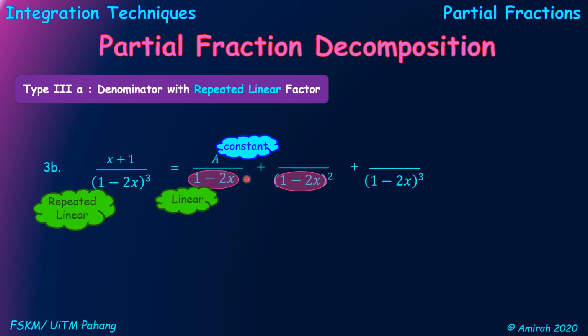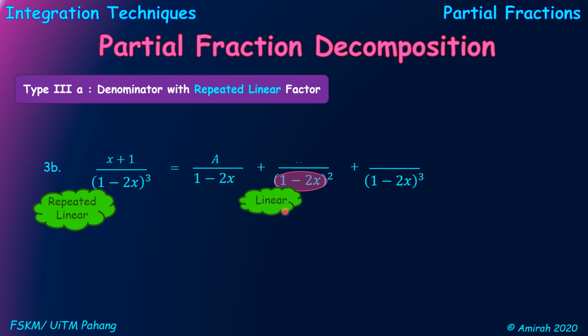And for the second denominator, we just consider the factor in the bracket. The factor in the bracket is a linear factor, so we can write the numerator equal to constant B. And for the third fraction, we also consider the factor in the bracket, which is also a linear factor.